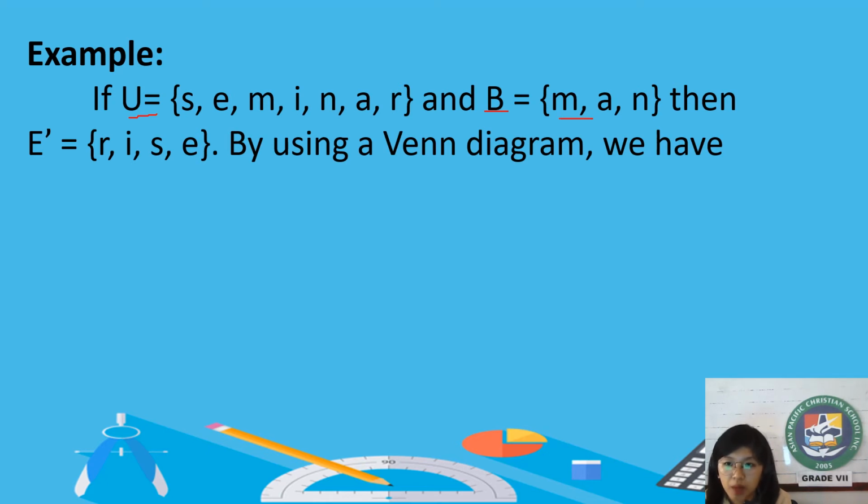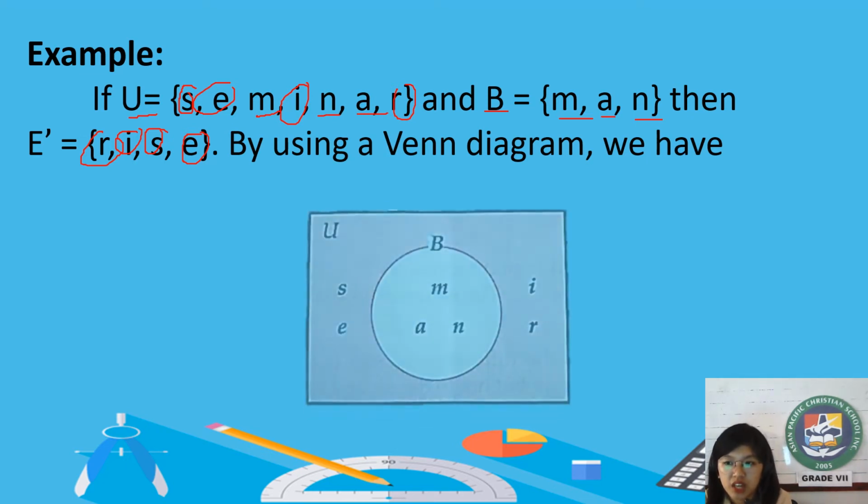We have here M, A, N. So, ano yung mga natira? We have S, E, I, R. Kahit hindi sila magkasunod-sunod, basta nandun yung mga elements, okay lang.